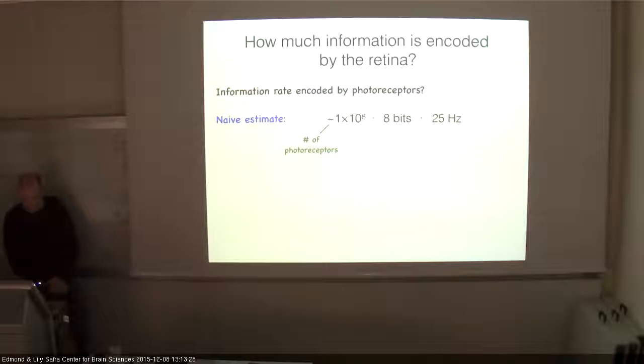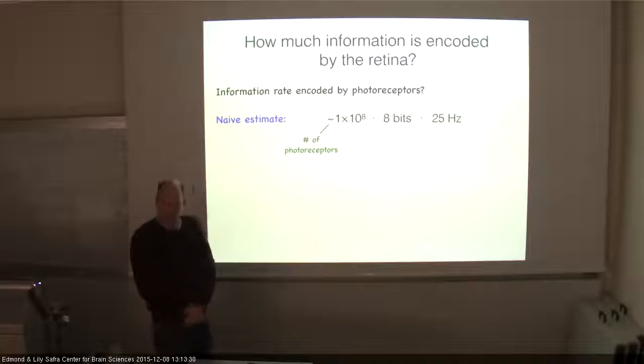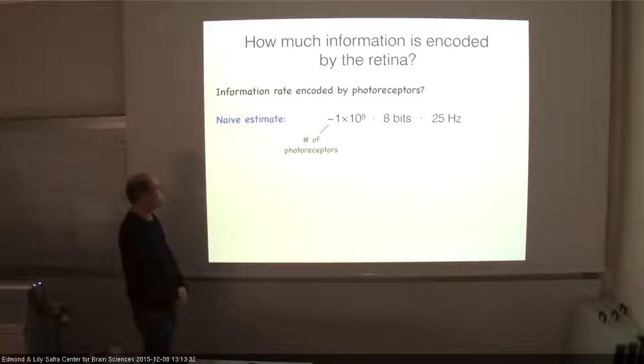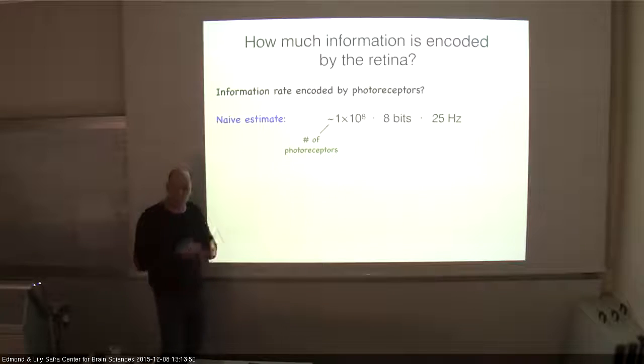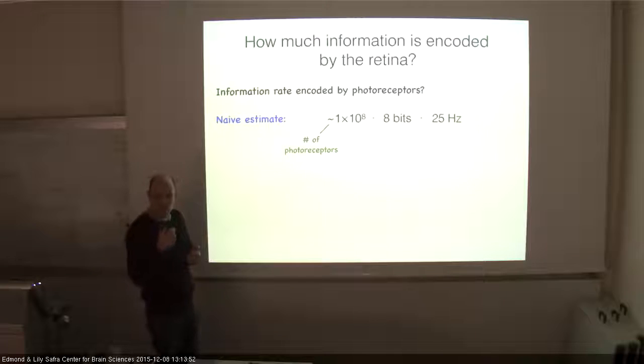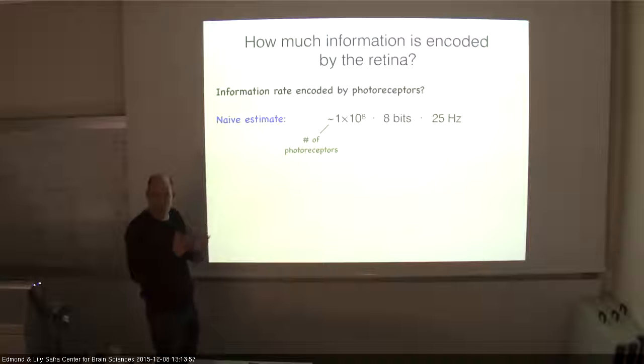Now, I want to go back to information and think, in a very rough manner, about the retina and how much information is encoded by the retina. If you want to estimate the information rate encoded by our retina, here's a naive, simple way to do it. As I mentioned, we have about 100 million photoreceptors, and let's think about the dynamic range of each photoreceptor, meaning the number of different amplitudes that it can discriminate.